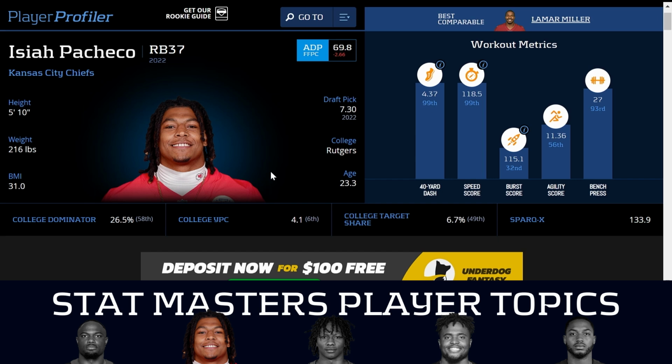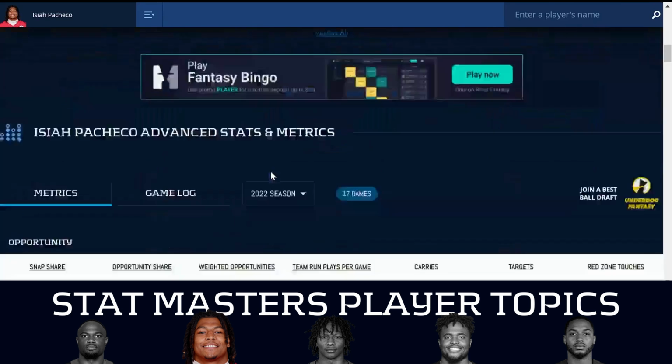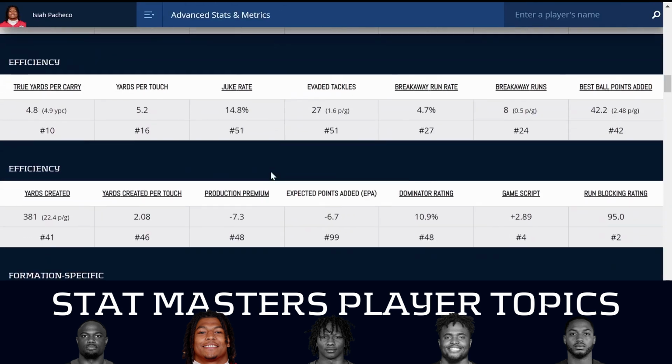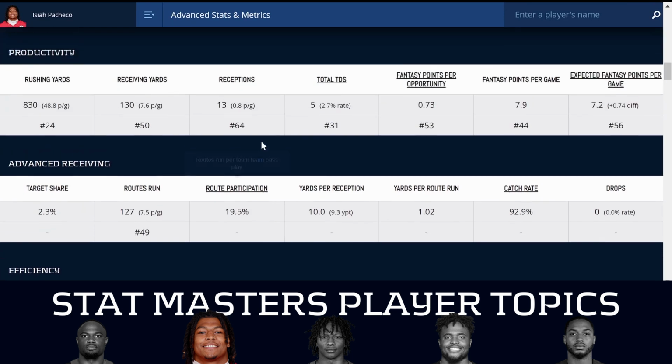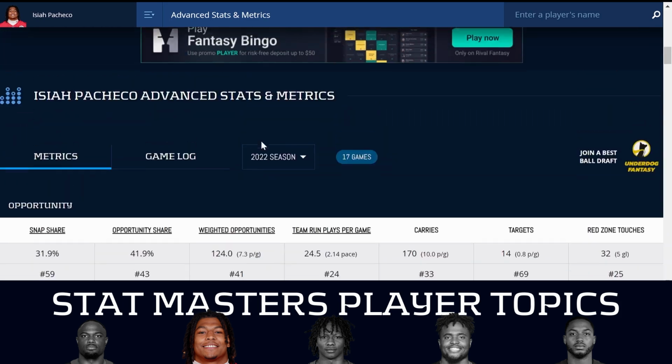Hey, that 5'10", 216-pound running back that ran a 4.37 was also RB27 in breakaway run rate. That's good. In yards per touch, he was number 16 overall. That's great. There is some potential, and that's why when these players do start to slide, yeah, we might not like them.